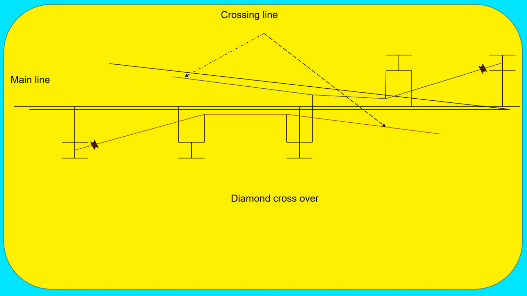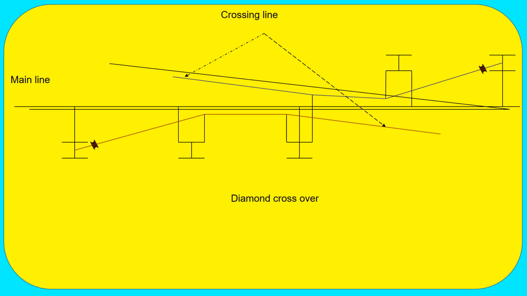It is overlap type. For the diamond crossing, we have created two overlap type OHE.